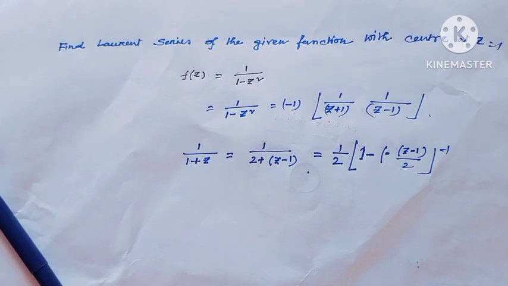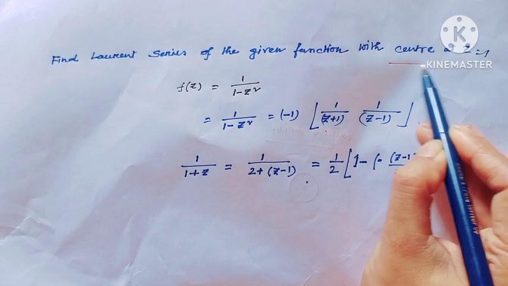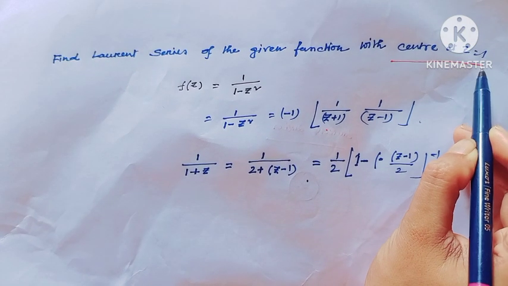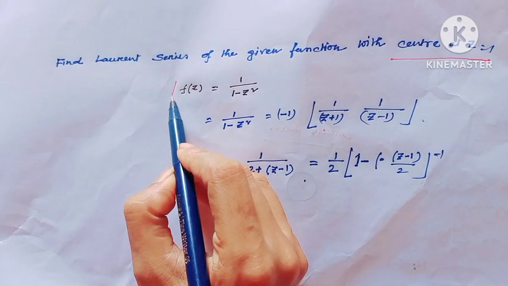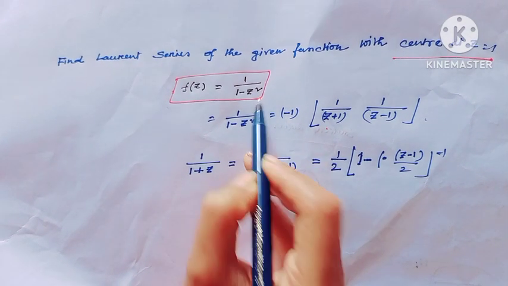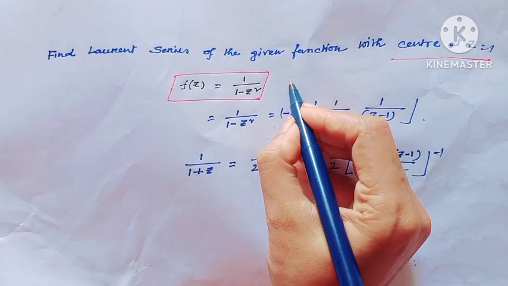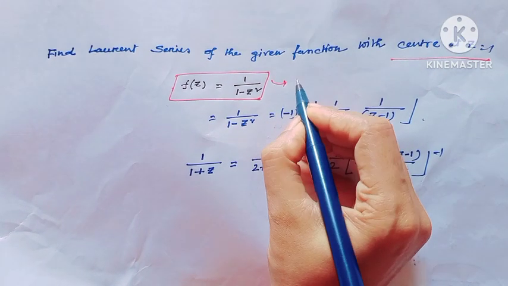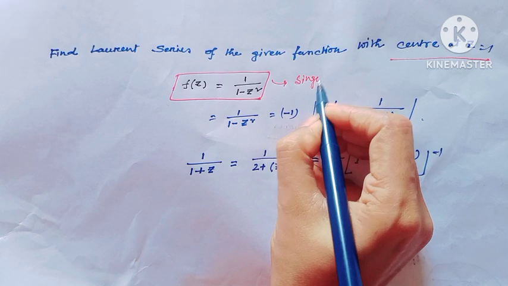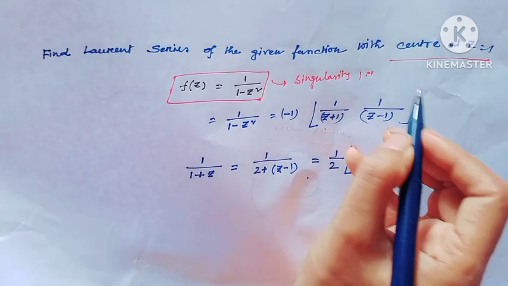As an example, find the Laurent series of the given function with center z equal to 1, where the function is f(z) equal to 1 over 1 minus z squared. Here the function has singularities at the points 1 and minus 1.